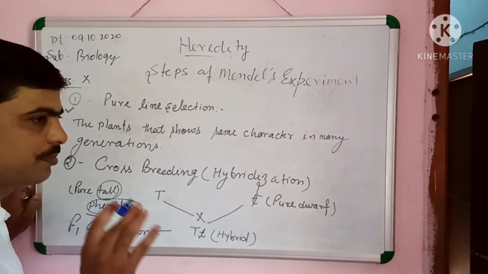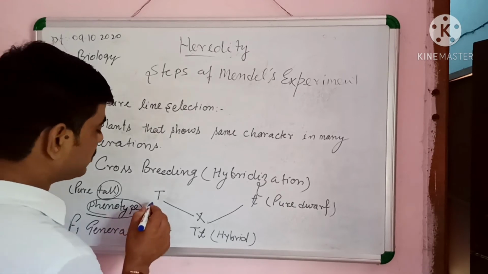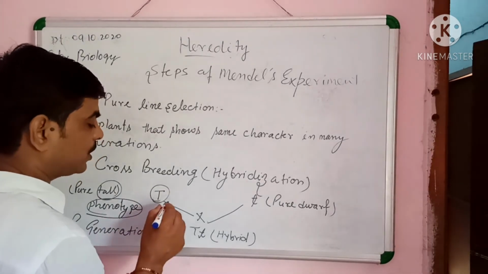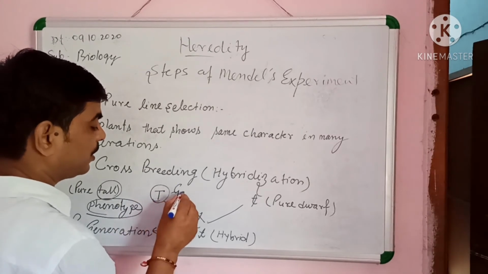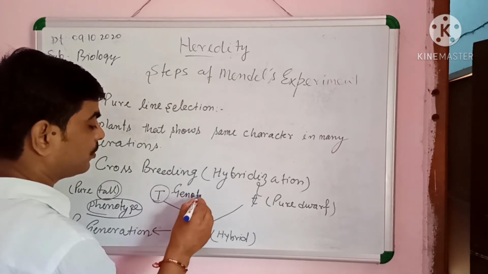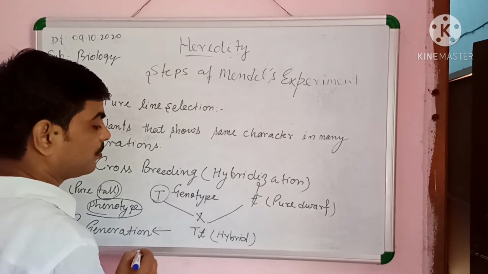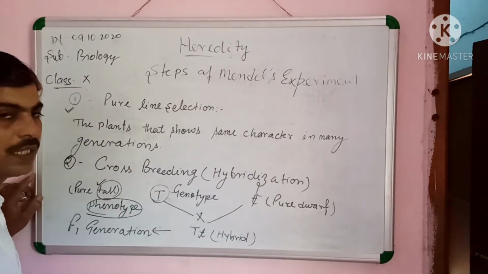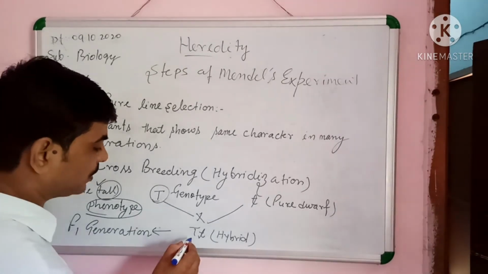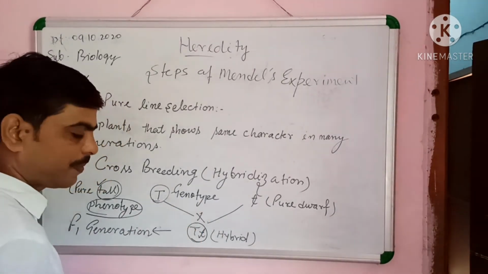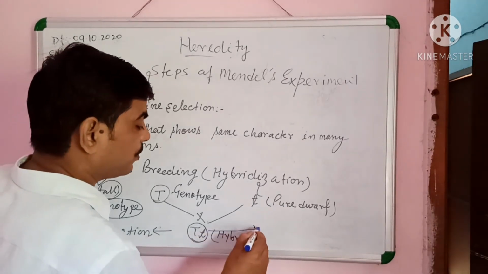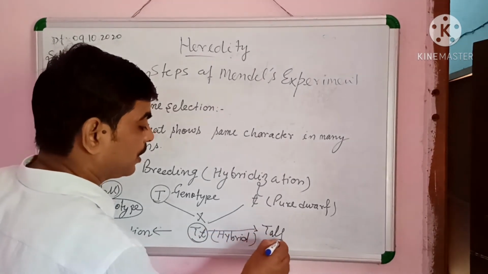And this T, that is the code present on the gene, is the genotype, means the combination because of which this character appears. The phenotype will be tall here also.